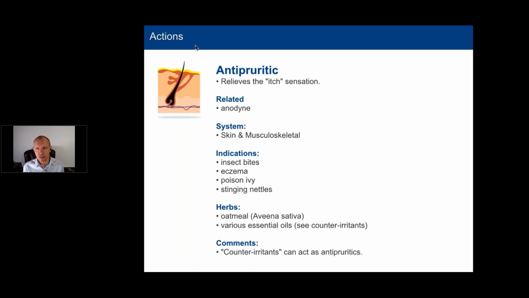Now, the benefit of that is if you've got an itchy sensation on your skin, let's say due to a mosquito bite or to eczema, or you've just got some kind of general pruritus going on, or hives, for example, where you might have like a mild allergic reaction or something's irritating you, you've got hives on your body.